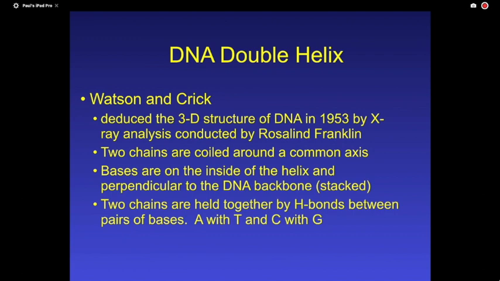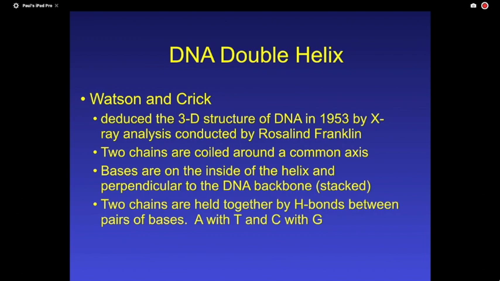But it was from X-ray analysis conducted by Miss Franklin here, where, quite frankly, she probably should have also won the Nobel, really because of her work and her crystal structure and her analysis. If you actually look in her notebook, she came up with the idea of the double helix before Watson and Crick. Unfortunately, she passed before the awards committee awarded it, and they did not give Nobels to people who have passed.